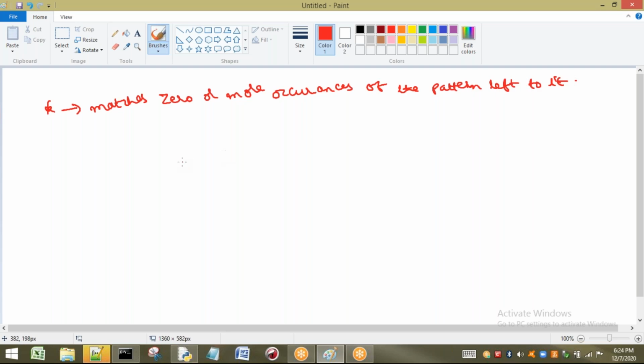This is very important to understand. What is this star going to do? It is going to match 0 or more occurrences. For what is it going to search? It is going to search for a character or group of characters, whether it is present in 0 occurrences or more occurrences, of the pattern left to it.